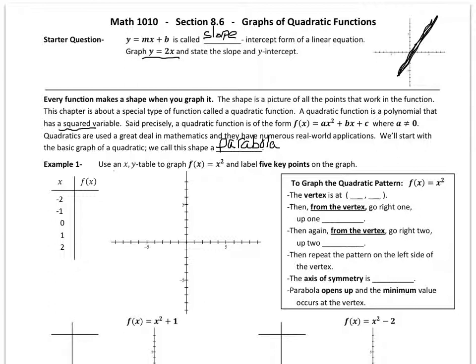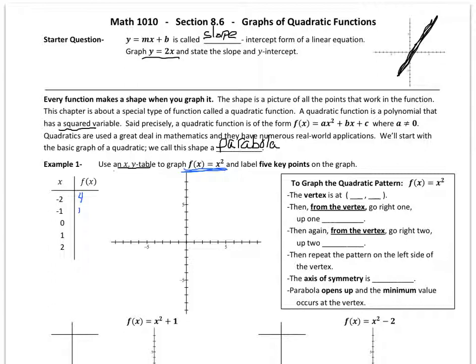All right, so with basic graphs, we just plot some points for x, plug it into the equation, and figure out y, correct? So when you see use an xy table, that's what we're talking about. If we're going to do the most basic quadratic we can, f of x or y equals x squared. So if x is -2, what's f of x? What's -2 squared? Yeah, it's 4, right? What's -1 squared?